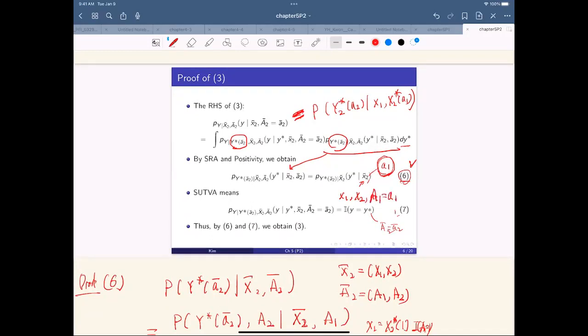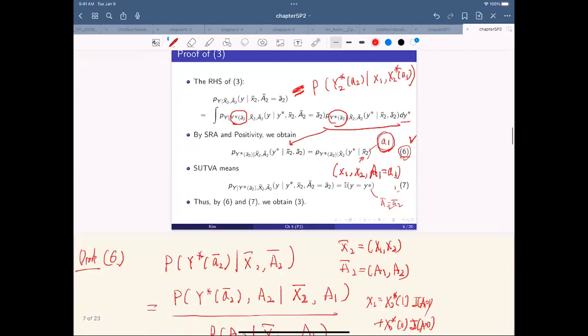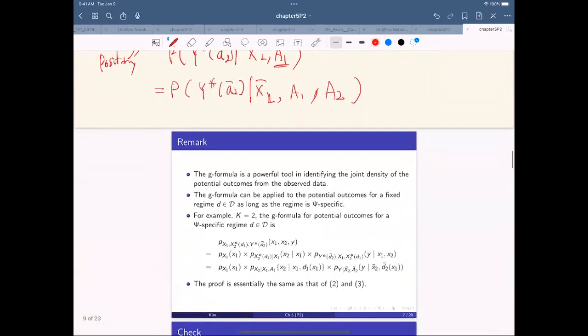Conditioning on this event means that X2 star is actually X2 star A1. So the amount of information is the same. There are some details I need to polish, so I'll fix it a little bit and see whether I can improve the proof.